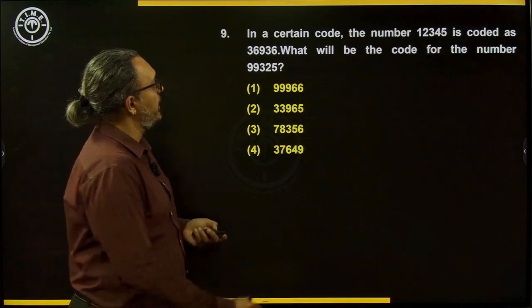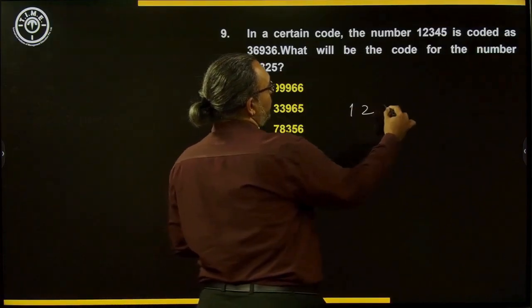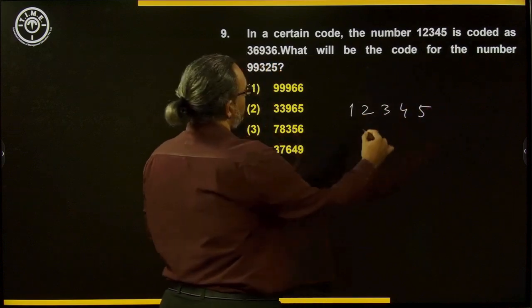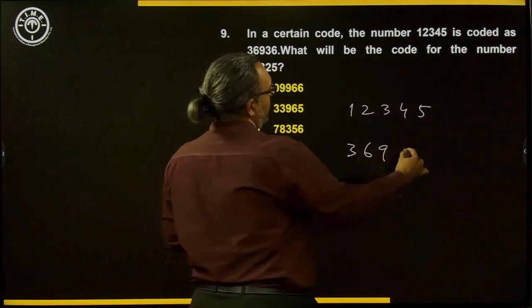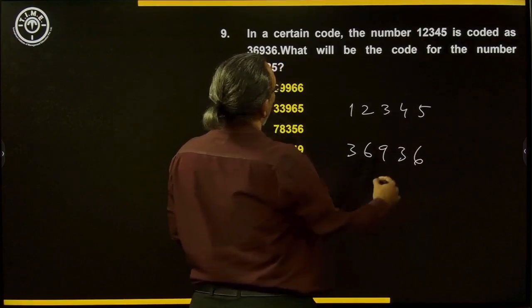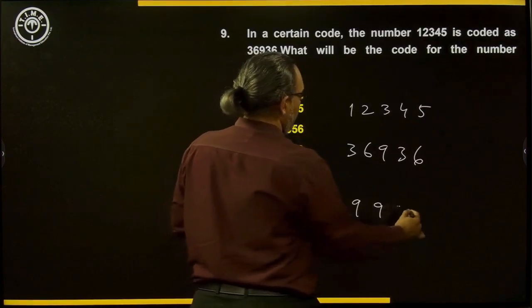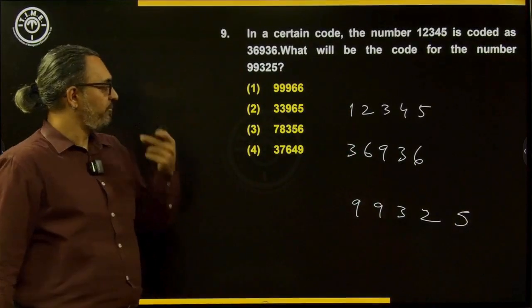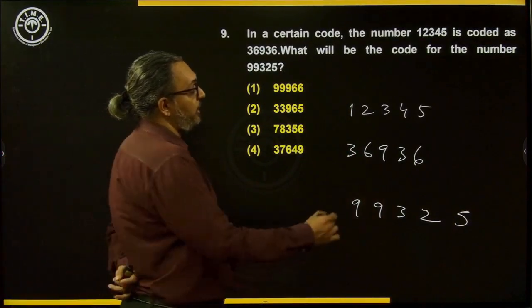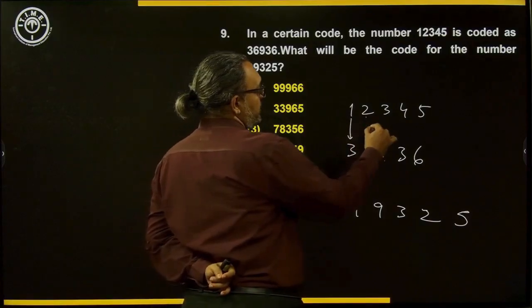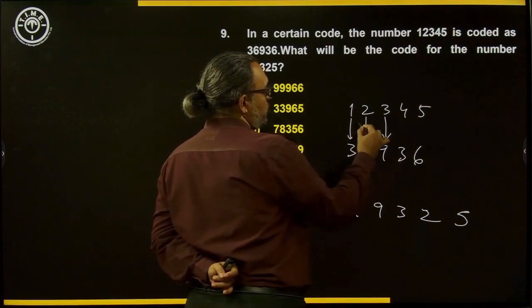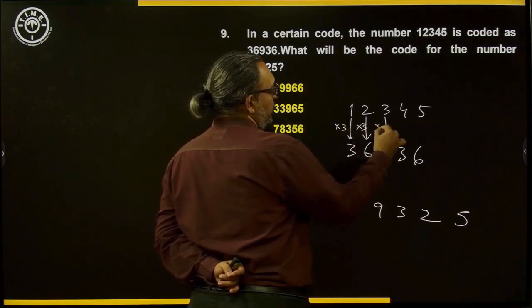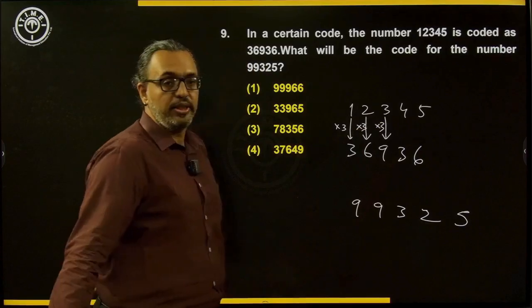Then next, in a certain code 1 2 3 4 5 is coded as 36936. Then what will be the code for 99325? Now check here for the first three numbers. Can I say it is into 3? 1 into 3, 2 into 3, 3 into 3.